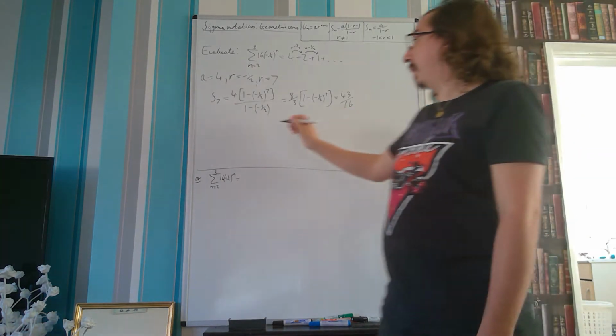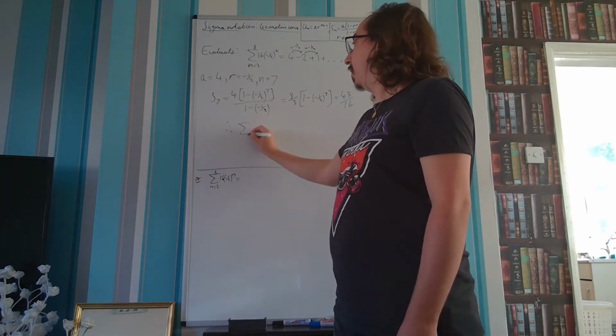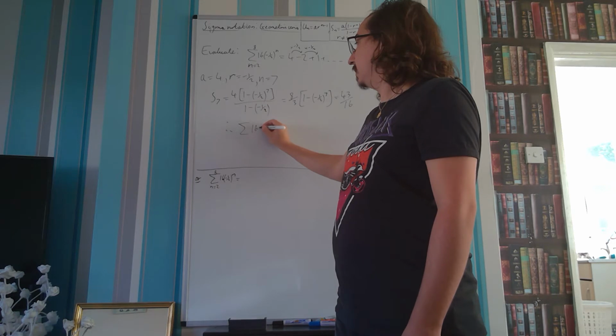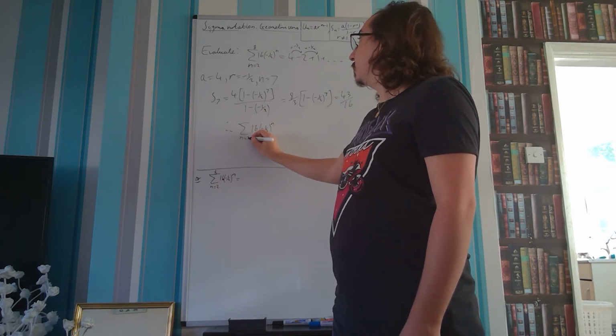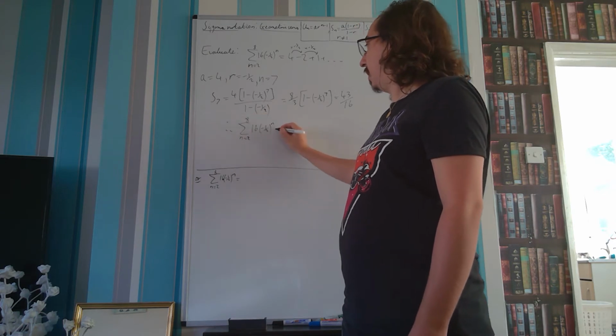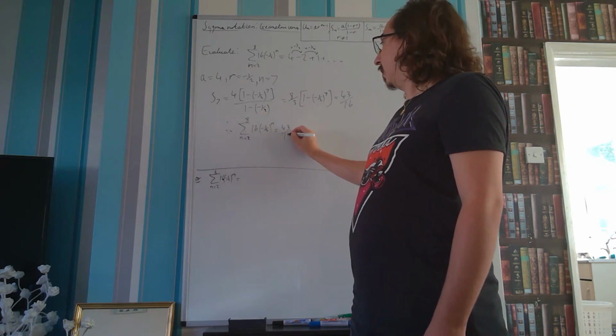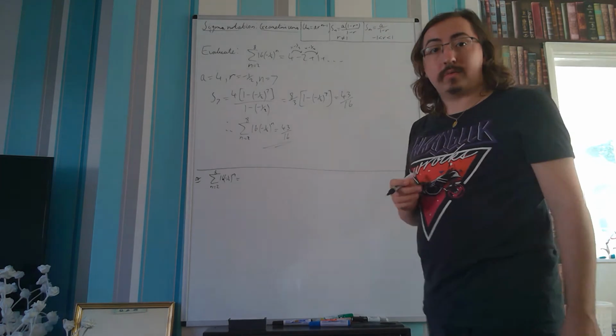And that is in fact our solution to this problem, that the sum of 16 times minus a half to the n between n equals 2 up to n equals 8 is equal to 43 over 16.